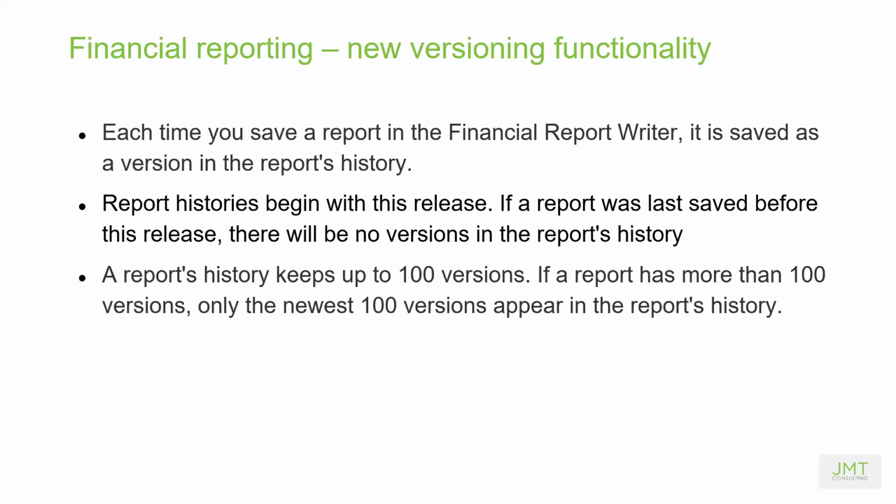So all that to say is, if a report has over 100 different versions, then only the newest 100 versions appear in the report's history. If it's older than that, the real old ones drop off. And you're like, well, why would that matter? Well, let me show you on the PowerPoint first, and then I'll show you within Intacct.